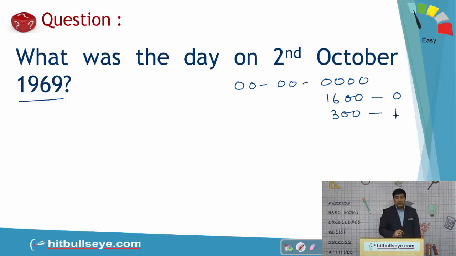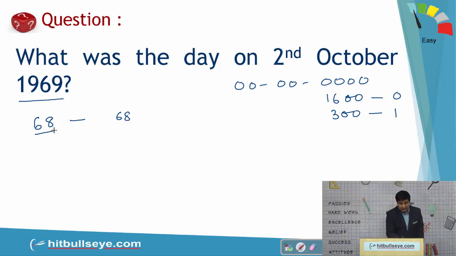So now coming to the year 1969. Up to 1969, there are 68 complete years which have gone by. So let's calculate the total number of odd days up to 31st December 1968. Up to 68, there must be 68 extra days generated.